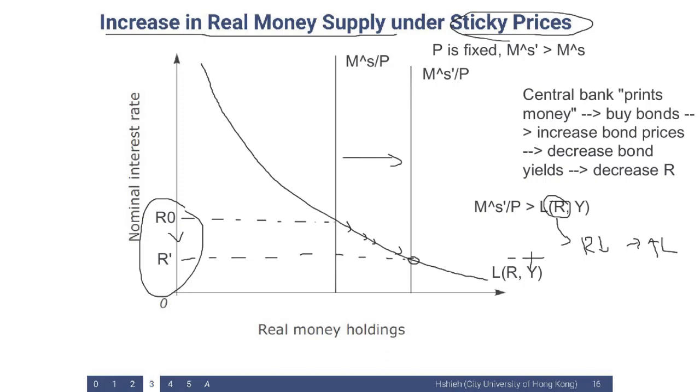We are moving along the liquidity preference curve. And based on the math, R must move in a direction that allows this equation to maintain parity, equality. So MS prime over P is greater. So we need to change R. That increases L to restore equality. R, therefore, must decrease so that L increases, because L and R have a negative relationship. So that's the math.